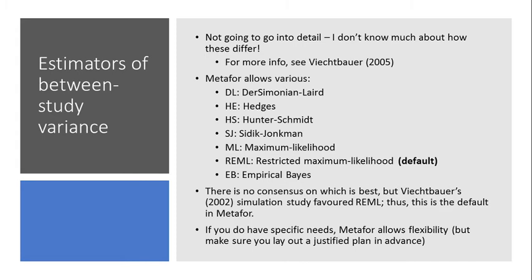So if you do have specific needs, there's loads of different ones that you can use. What I'd just say is make sure you have a justified plan for using any of those, rather than just trying out all of them and then seeing which one you like best. So probably just stick with restricted maximum likelihood, which is the default setting.